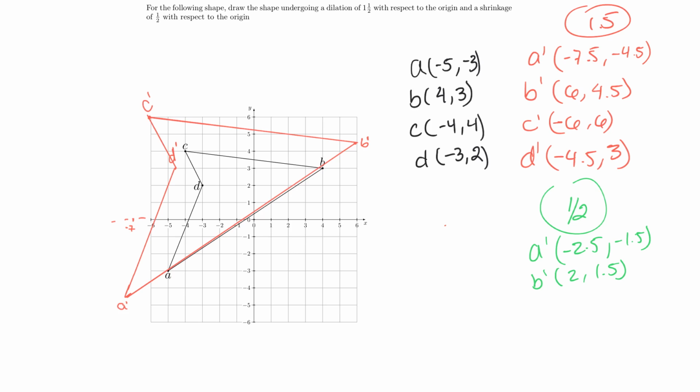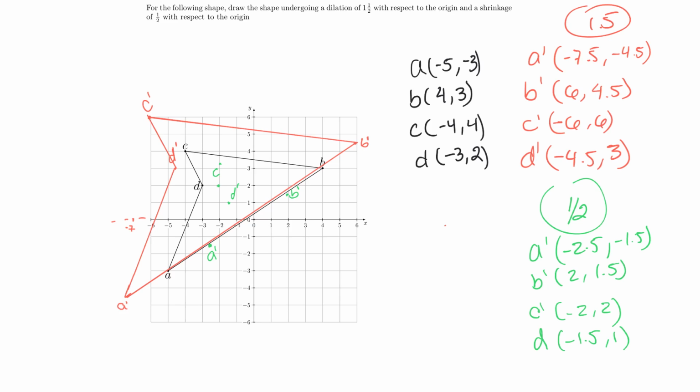Remember that everything is with respect to the origin and to the original shape. Okay, so C will be -2, 2, and D will be -1.5, 1.